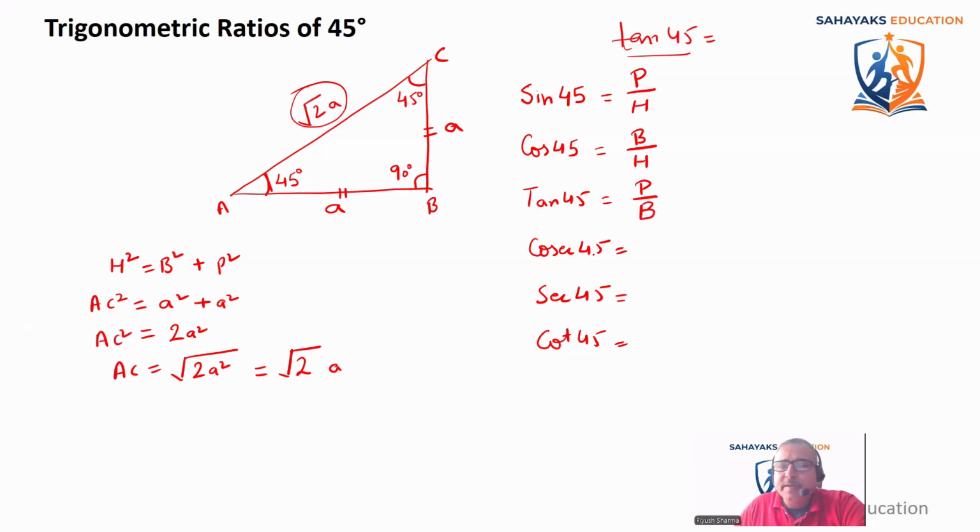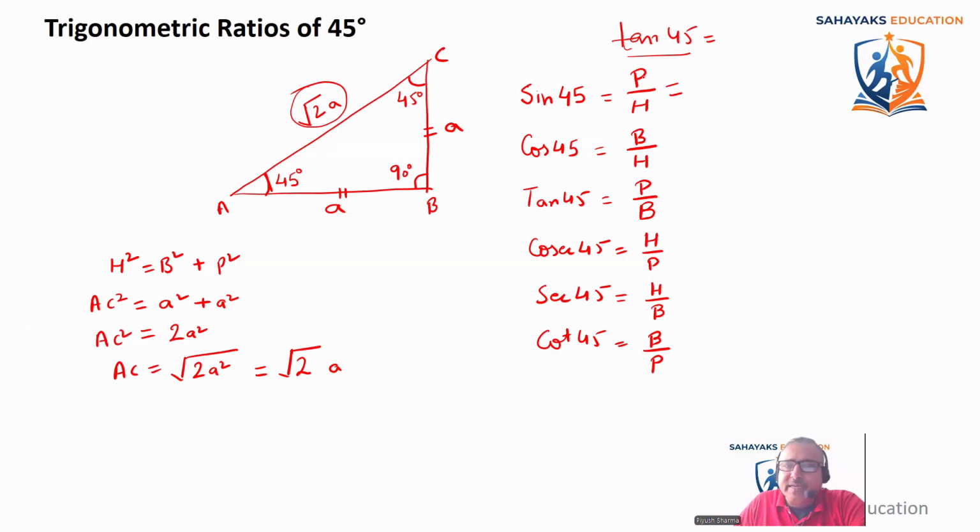Cosec is the opposite of sine, so you don't have to remember, you can just write H divided by P. Sec is the reciprocal of cos, so it will be H divided by B. And cot is the reciprocal of tan, that is B divided by P.